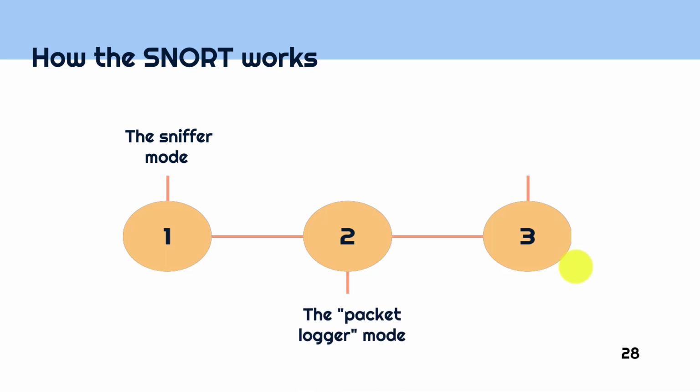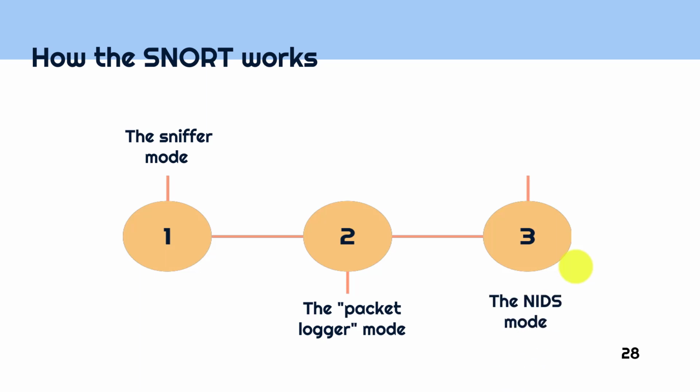The second one is the packet logger mode. This mode is similar to the previous one, except that the logs are no longer displayed on the screen but are written directly to a log file.